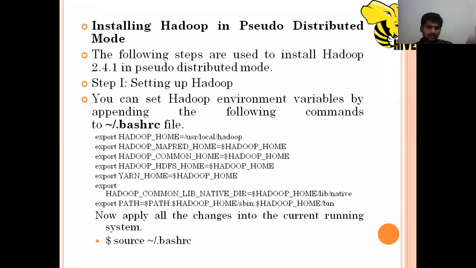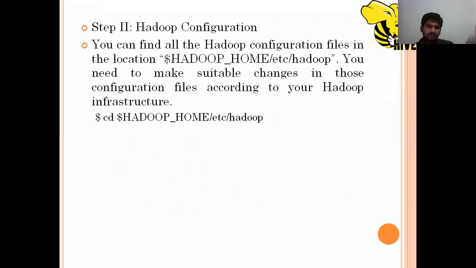Once that is all done, you can now apply all the changes to the current system. We can run this command: source tilde slash bashrc. Now, how are we going to do the Hadoop configuration? We can find the configuration file location, which is under Hadoop home.